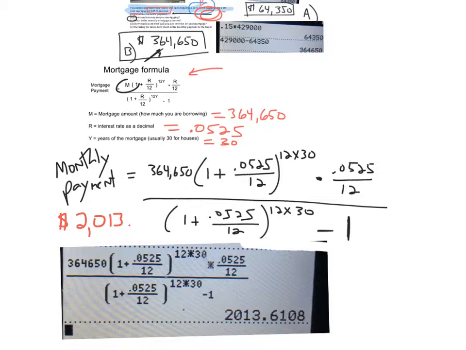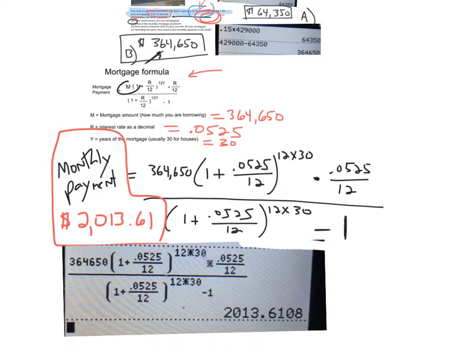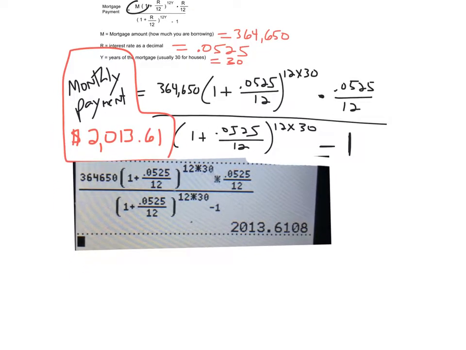Here the monthly payment for this house is $2,013.61. So that's how much you're paying per month for this house. Next, we're going to calculate how much in interest you're paying.